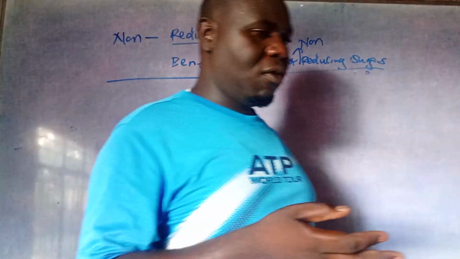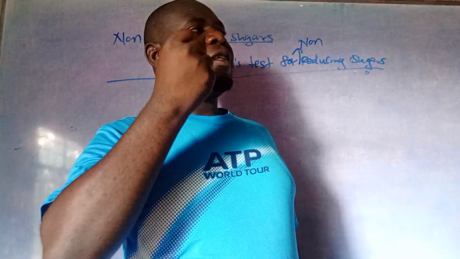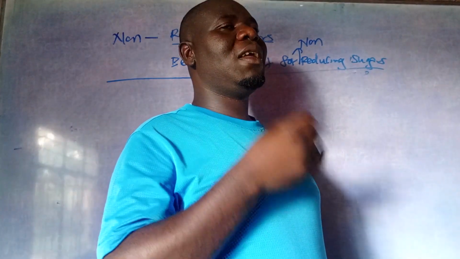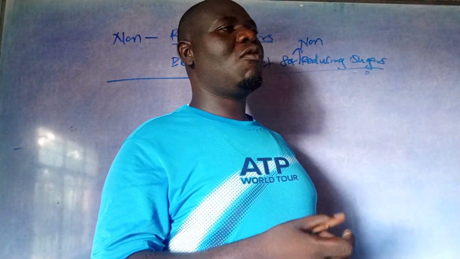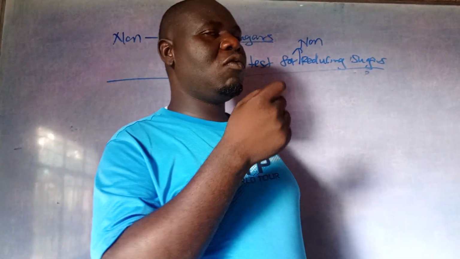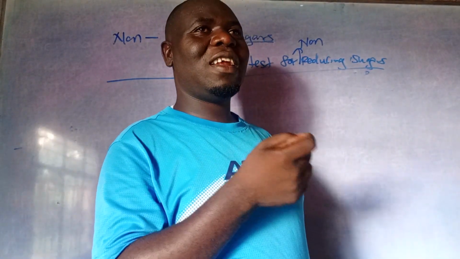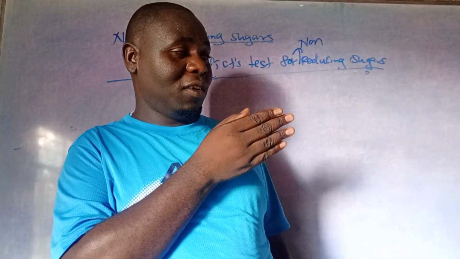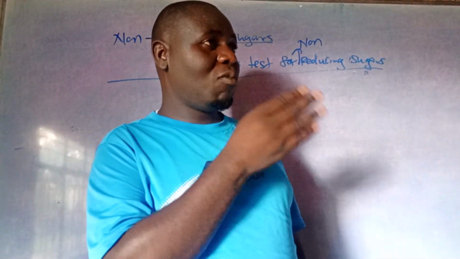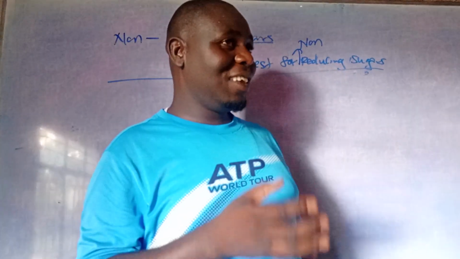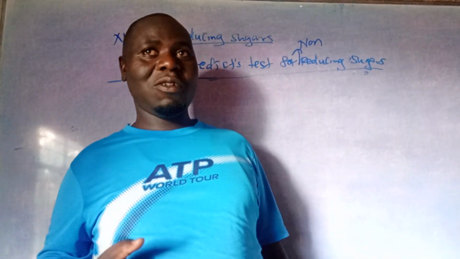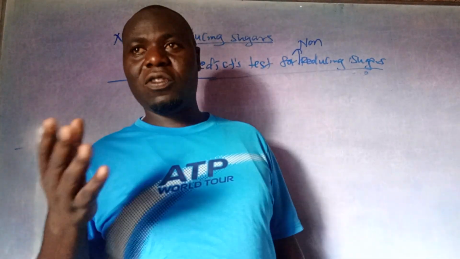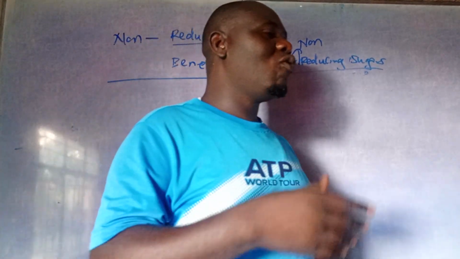So I said, number 1, you test for reducing sugar, and if the solution remains blue, you now continue. You put 2 centimeter cubic of sample solution into a clean and dry test tube. Then you add 1 centimeter cubic of hydrochloric acid. Then you heat the mixture gently using a water bath for 3 minutes and allow it to cool.